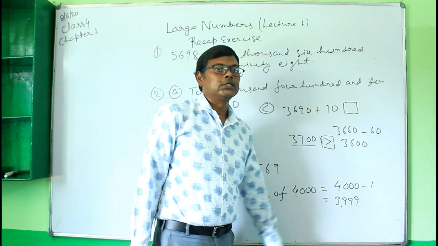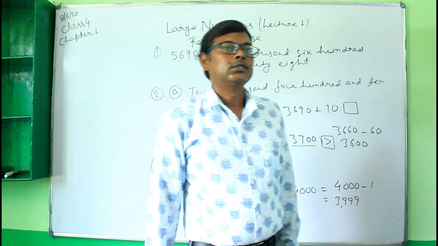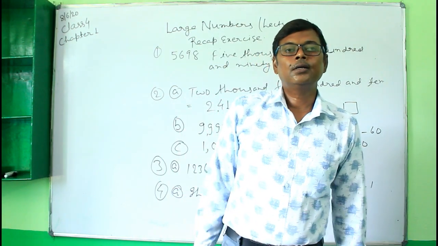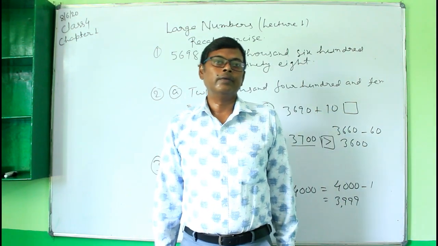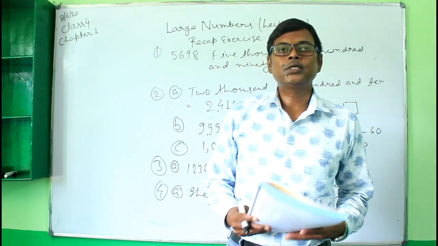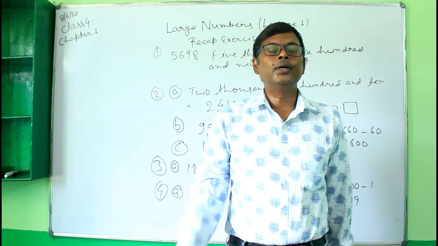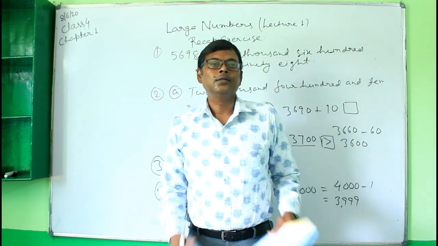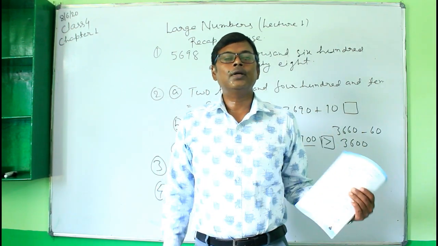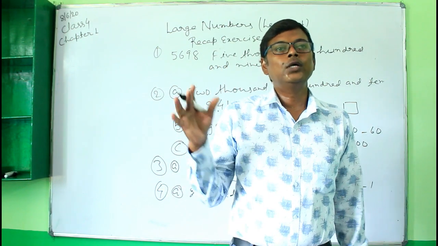Then you have the successor. What is a successor? Successor means a number just bigger than a given number. For example, the successor of 5 is 6. If you are given a number and you have to find its successor, then you add 1 to that number.